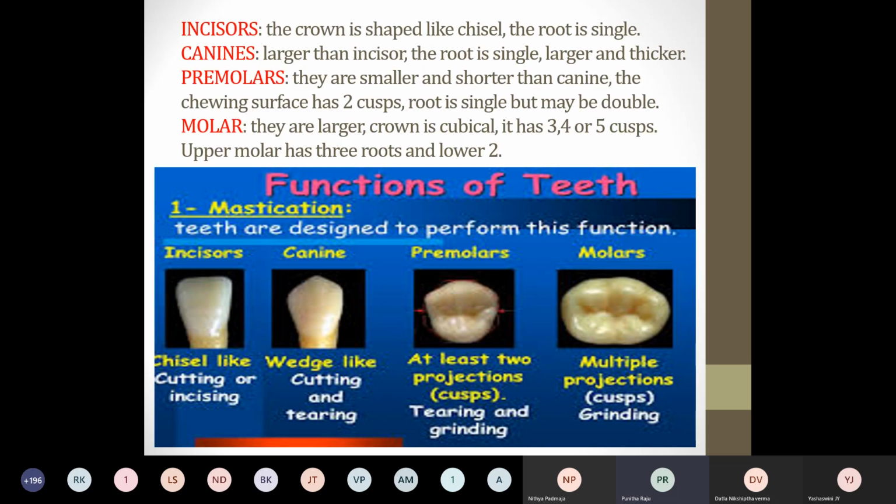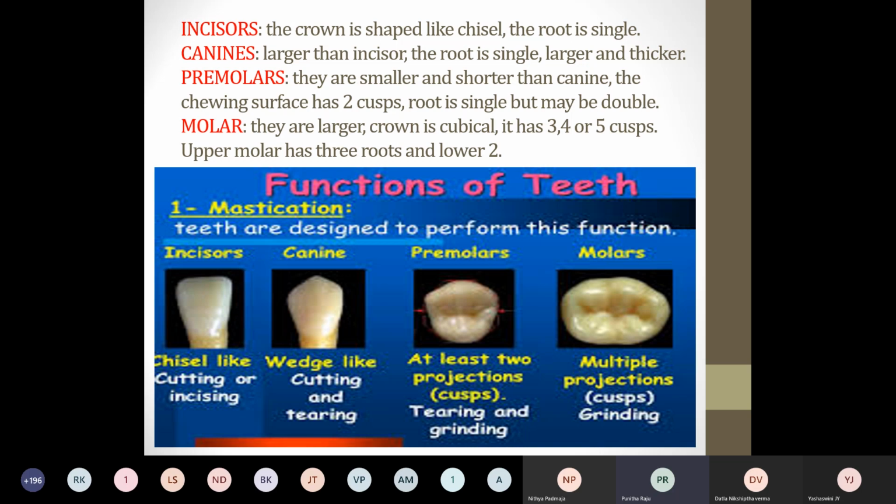Next we will see how to differentiate between different types of teeth. First you have the incisors. In the incisors, the crown is shaped like a chisel and the root is single. Normally the incisors, the canines as well as the premolars have a single root.